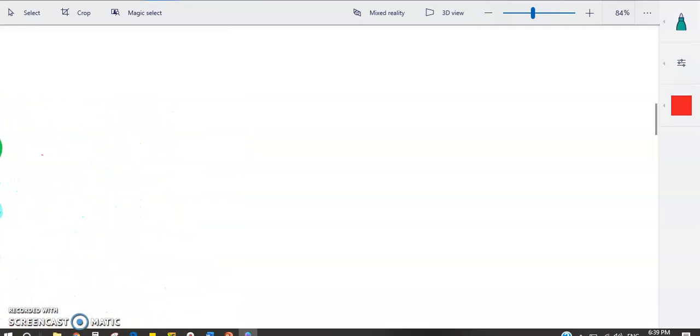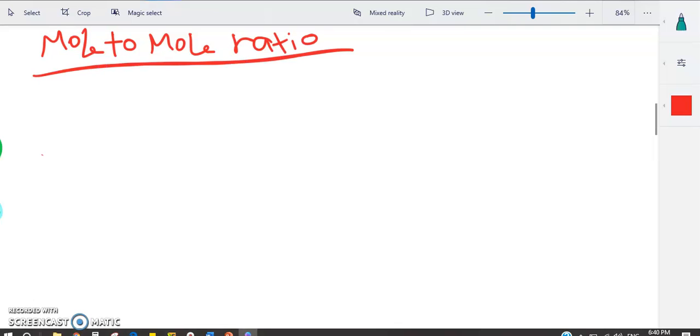So mole to mole. Actually, they also call it mole to mole ratio. Example here.